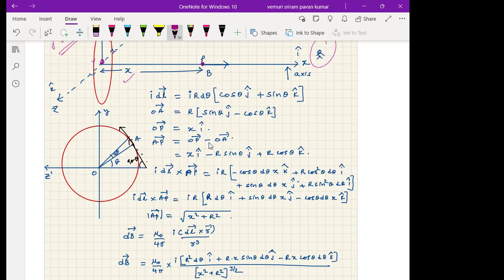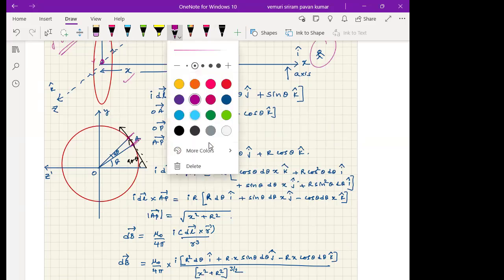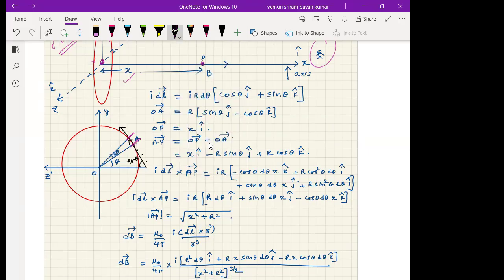What is dl bar? This is the element about which you are speaking. Okay, got the point? This is the element. Now, at this point, this is the direction of the element. Now, what is dl bar? dl bar is R d theta, of course, and the direction is one component along Z, the other component along Y. What is the Y component?